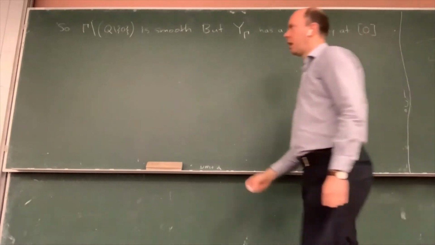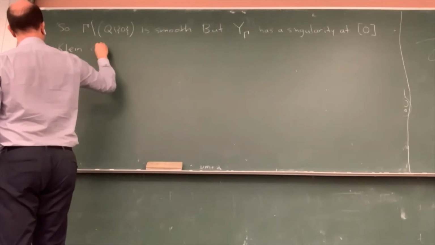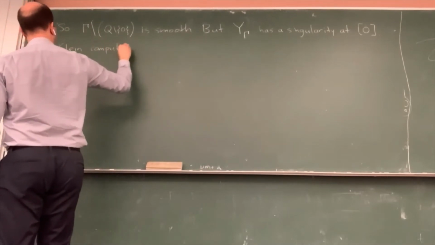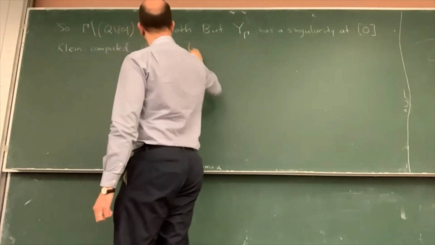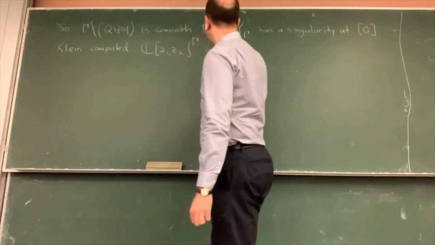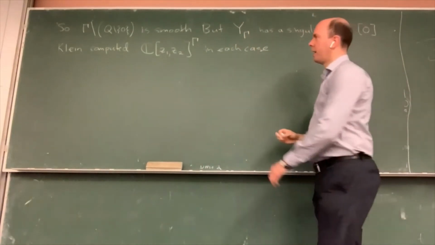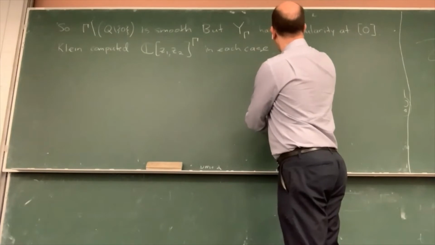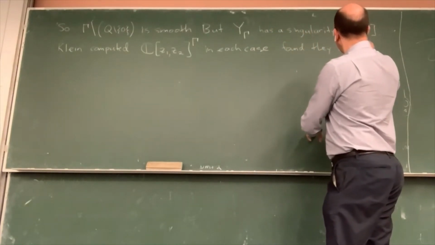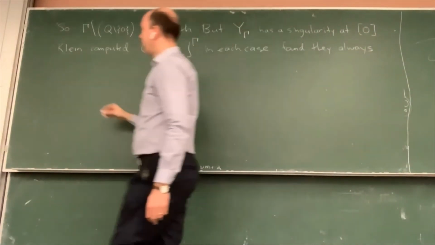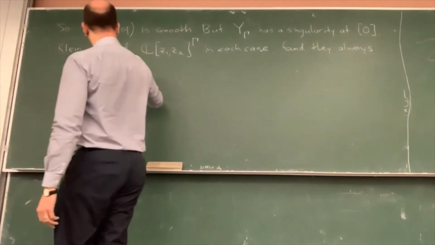And Klein actually computed these invariant rings in each case, and found that they are always of quite a simple form. They have 3 generators which satisfy a single relation.